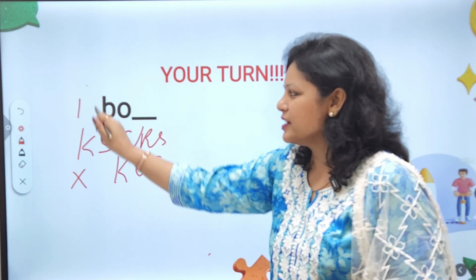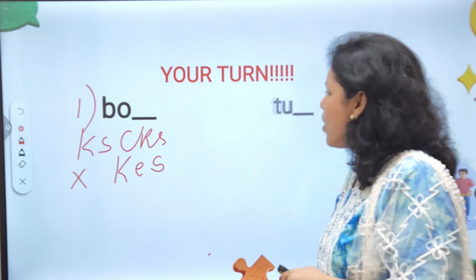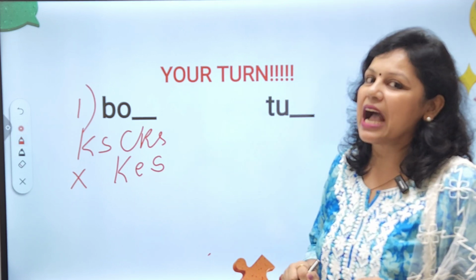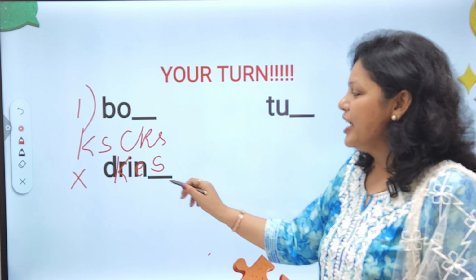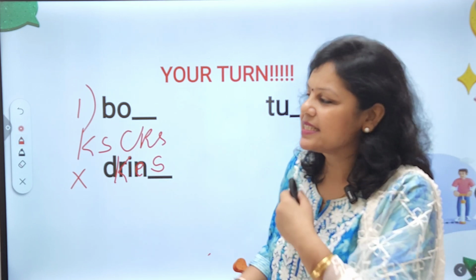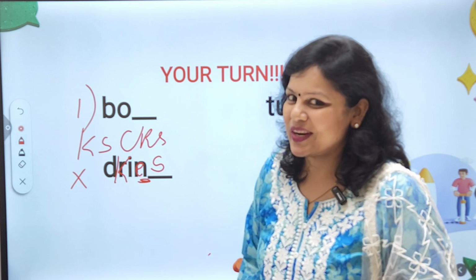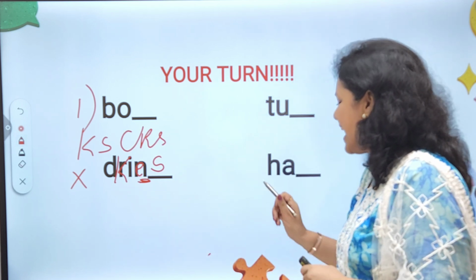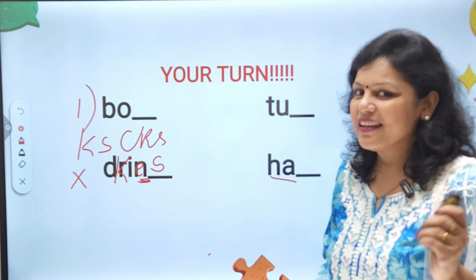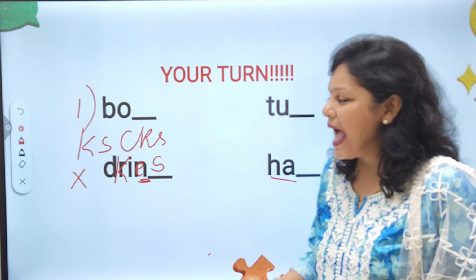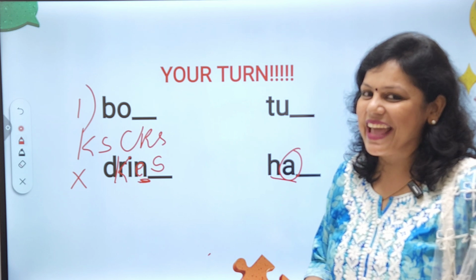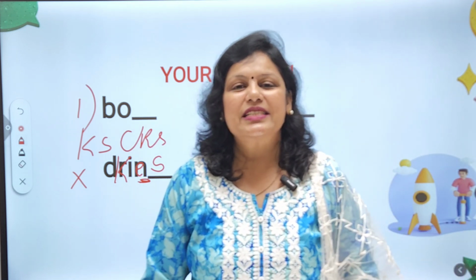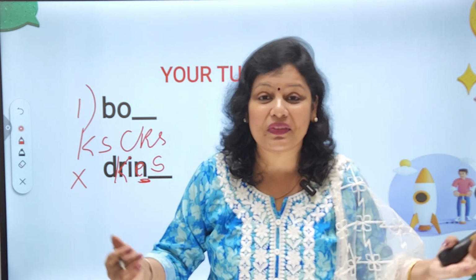So this is your first one. Give me the answer in the comment box. Similarly, tax. Tell me what is going to come over here. Similarly, you have drinks. It is coming after a consonant. What will you write? And hacks. It is a verb and it is coming after a short vowel sound. So what will you write? KS, CKS. Please give me the answer so that I will also understand that you have learned the rule.